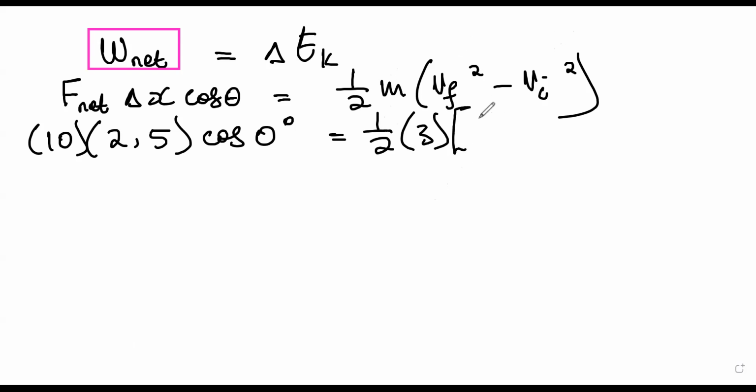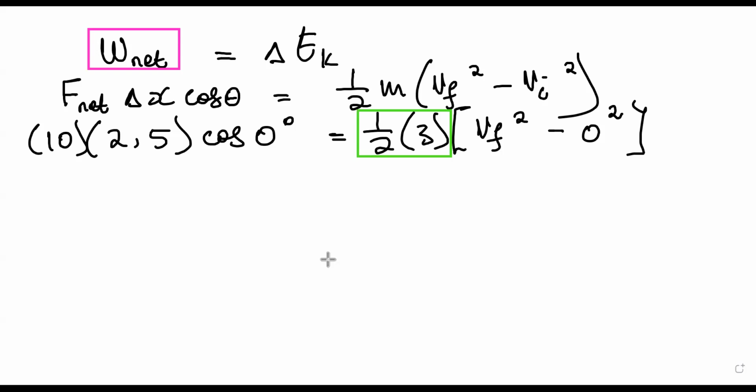And what is the final velocity? It's the one we are looking for. But initially they told us that it's going to be at rest. If you go to your calculator and say 1/2 multiplied by 3, well, you simply get 1.5.